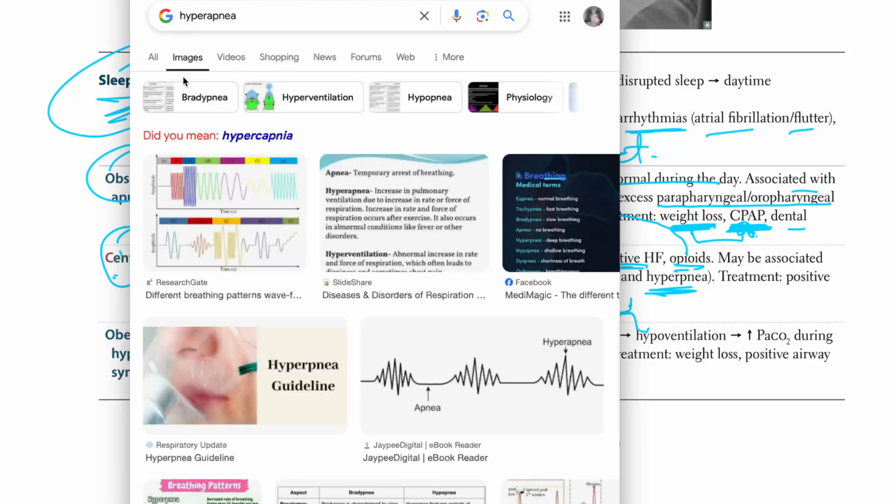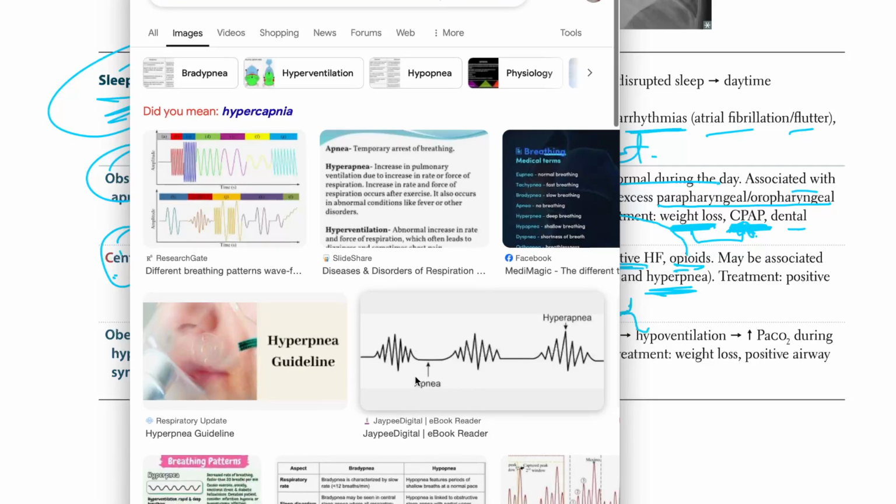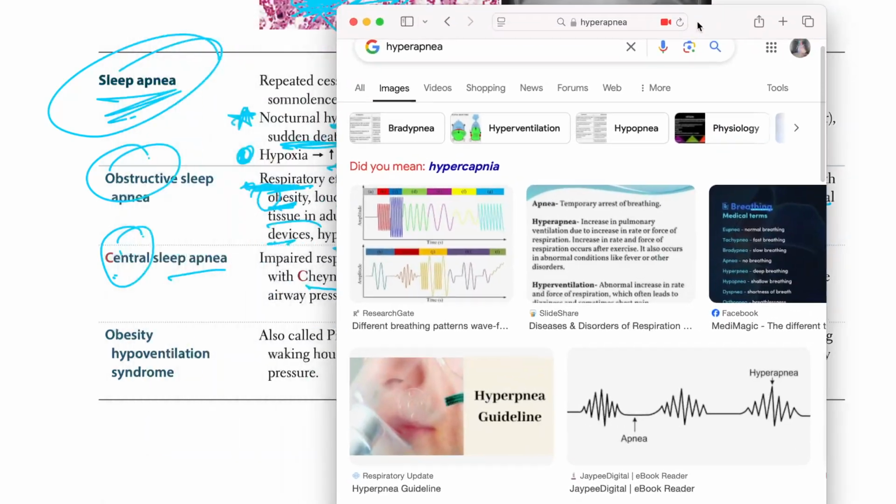Increased rate and increase in depth of breathing. Okay, nice. Okay, we have apnea and increase. Okay, hyperpnea, makes sense. So again, I guess it is a Cheyne-Stokes breathing pattern.